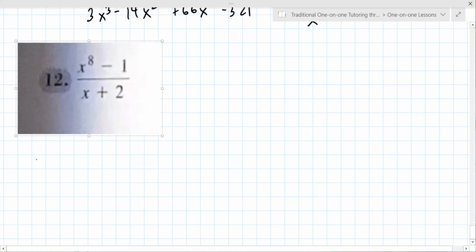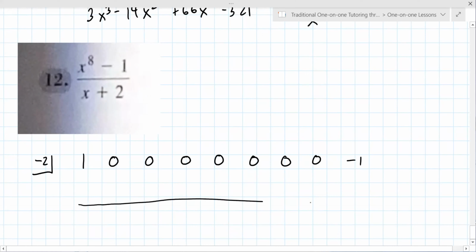So -2 over here in the box, and then it's for 8th, 0x to the 7th, 0x to the 6th, 0x to the 5, 0x to the 4, 0x to the 3, 0x to the 2, 0x to the 1, -1. Great. Okay, so bring that down, -2.